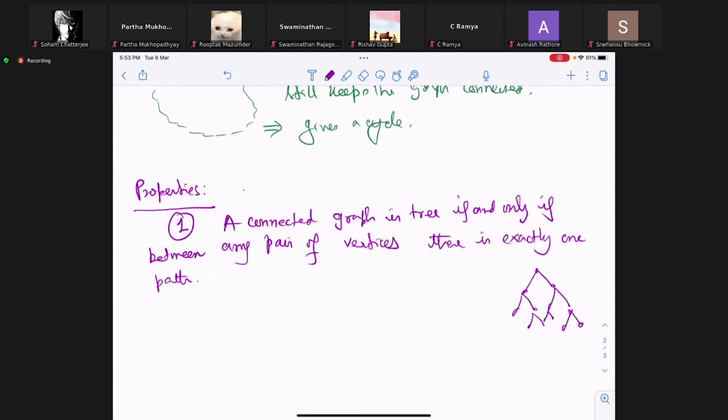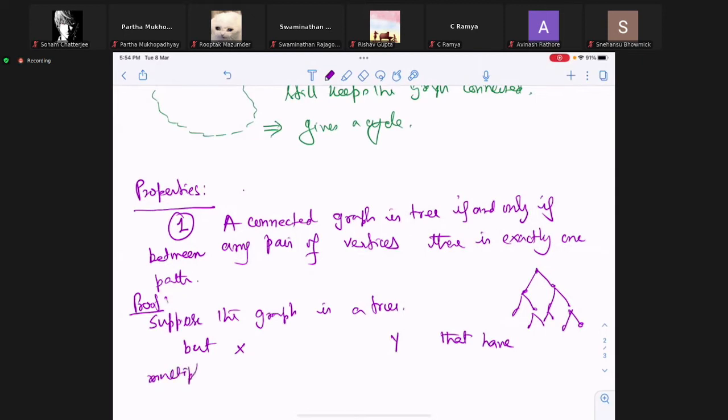So how do you prove this thing? Suppose the graph is a tree, but there exists a pair X and Y that has multiple paths, right?